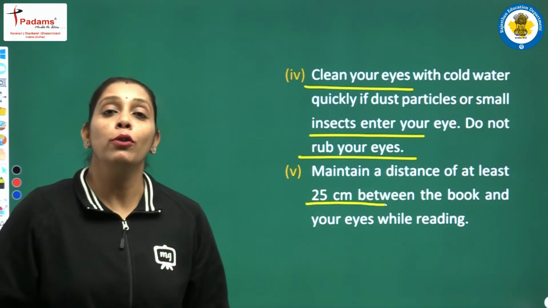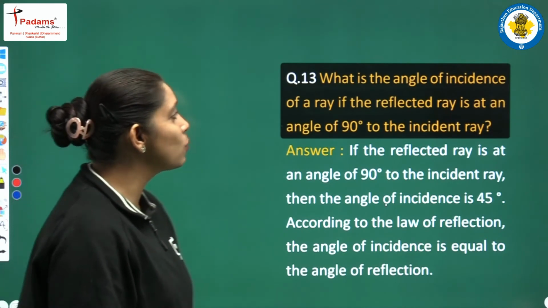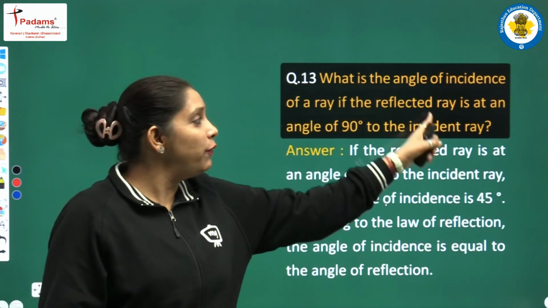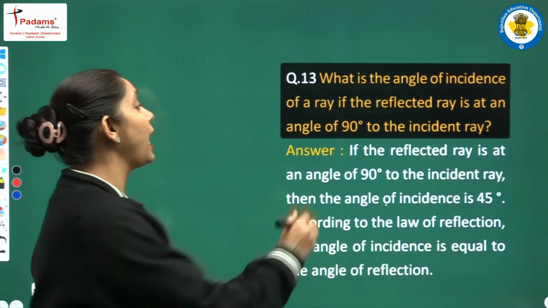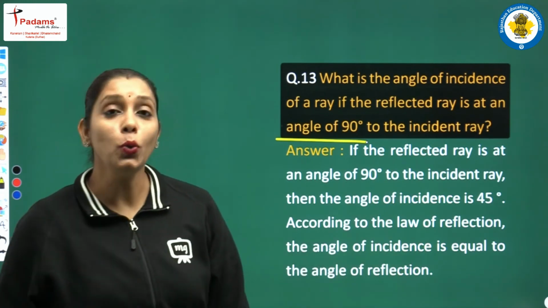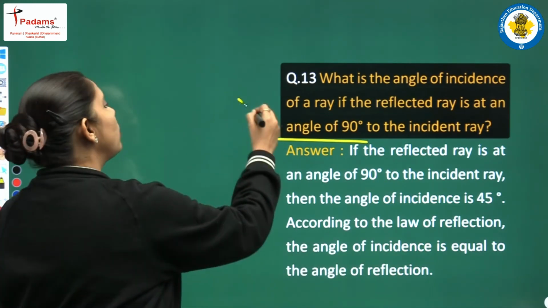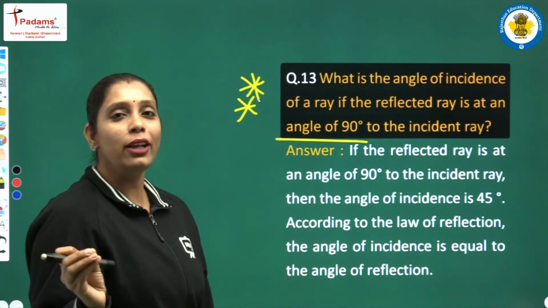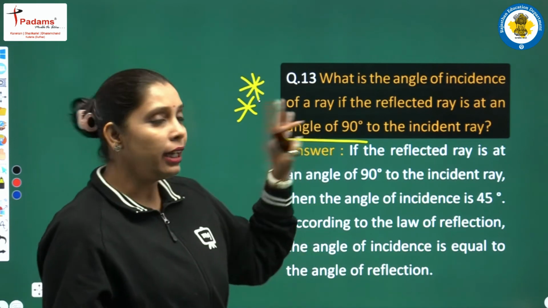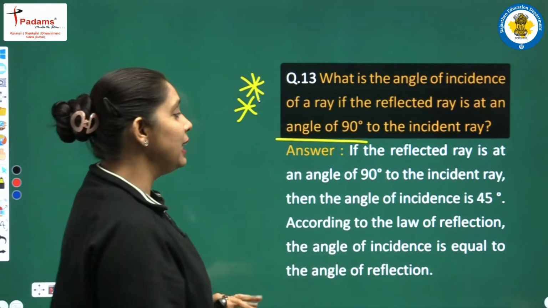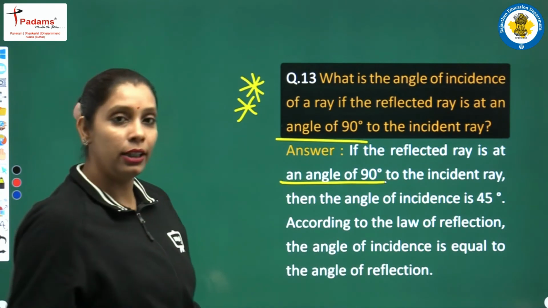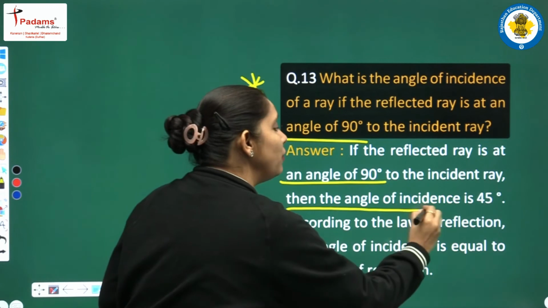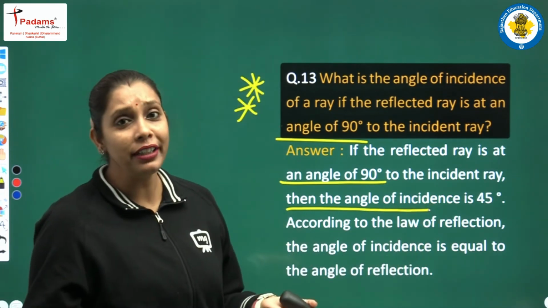मूव टू द नेक्स्ट क्वेश्चन. What is the angle of incidence of a ray if the reflected ray is at an angle of 90 degree to the incident ray? Very important and very easy one. देखो, ऐसे न्यूमेरिकल्स तो easy हैं और आ भी सकते हैं. If the reflected ray is at the angle of 90 degree to the incident ray, then the angle of incidence is 45 degree.